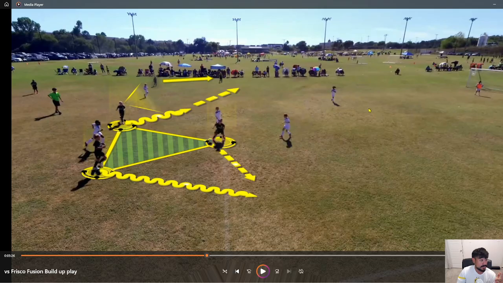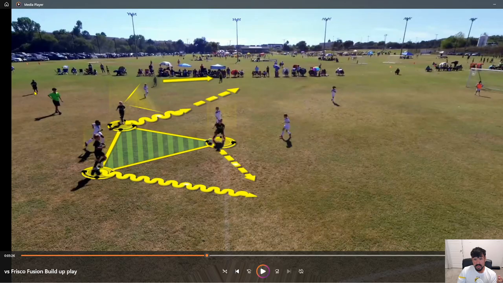Maybe that's one option. Or, right, you're playing it in the space, like the pattern that we've been working on, understanding you don't have to wait for the 11 to get there. The number 11, Beckley in this instance, knows to go into that space. So you're playing her into space, and then she's meeting that ball. Now, because Beckley has speed, and we've been working on her crossing, she takes it all the way.